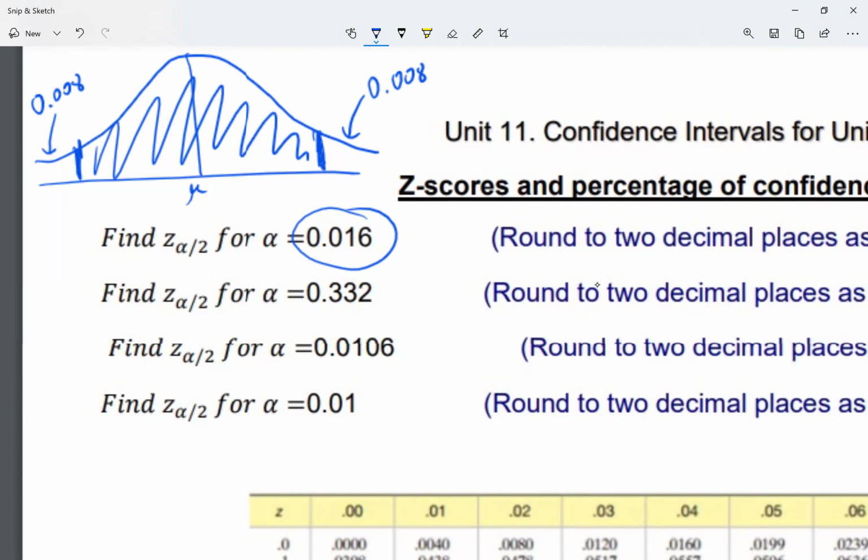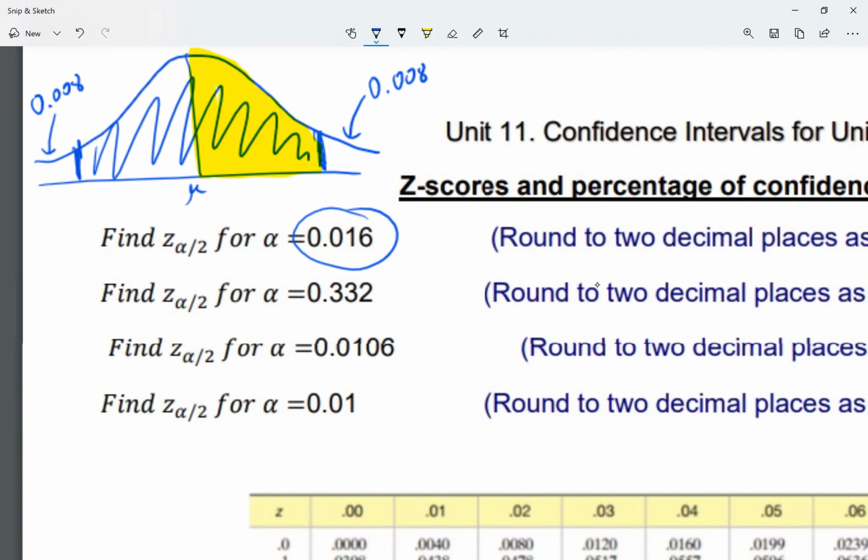Now, I know that on our table, I can find only this half, because remember, at the bottom our table tells us the area from the C-score to the average. Let me do one thing.